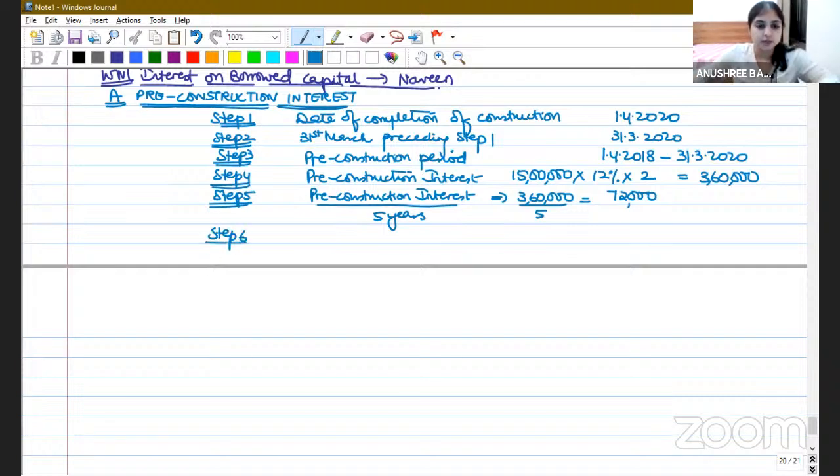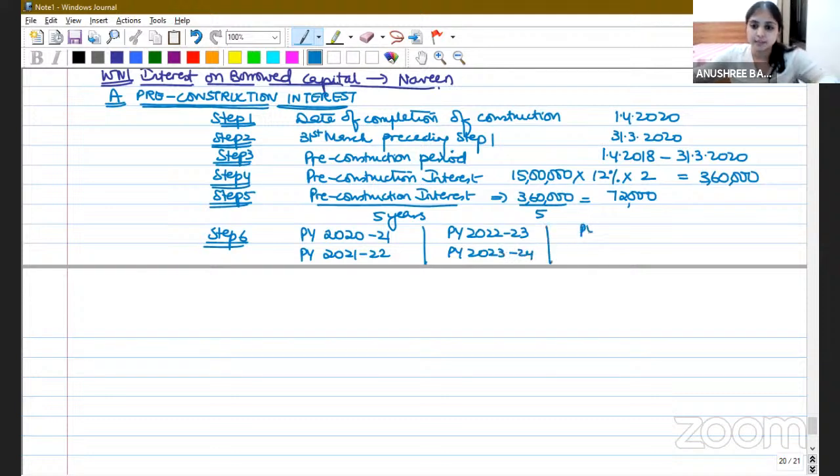Step 6. For which years will you get as a deduction? You will start with the year of completion of construction. When did the construction get completed? In previous year 2021. That year onwards, 5 years. So previous year 2021, previous year 21-22, then previous year 22-23, previous year 23-24, and previous year 24-25.